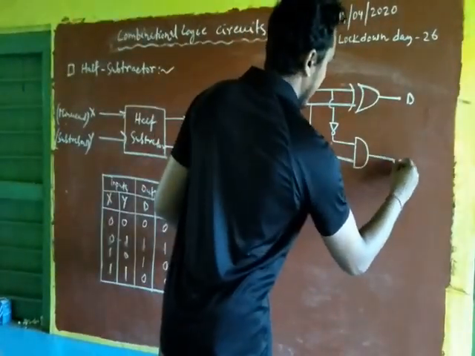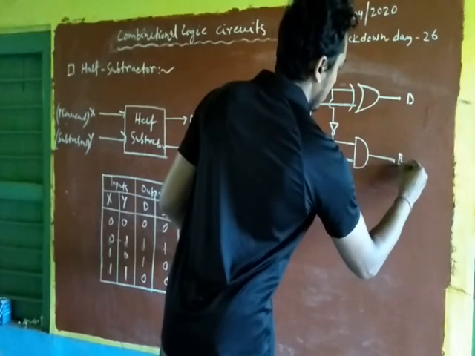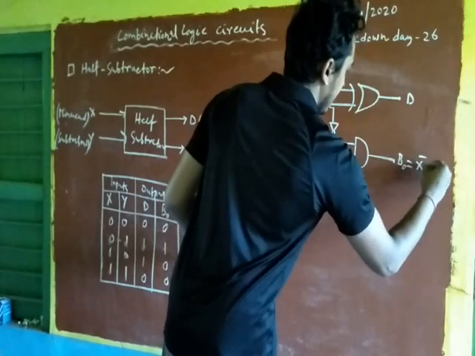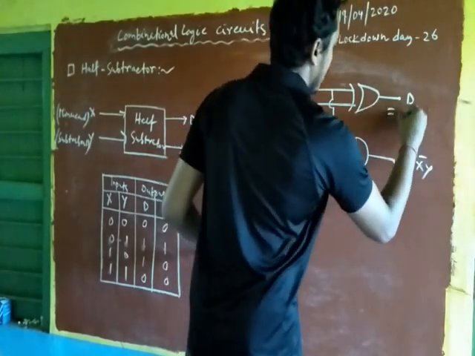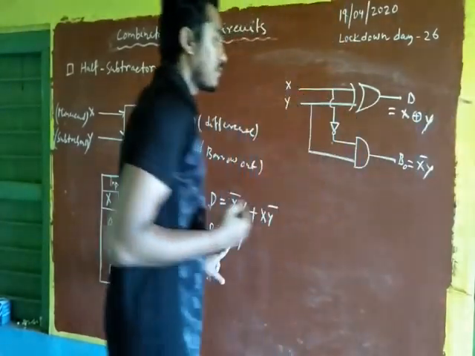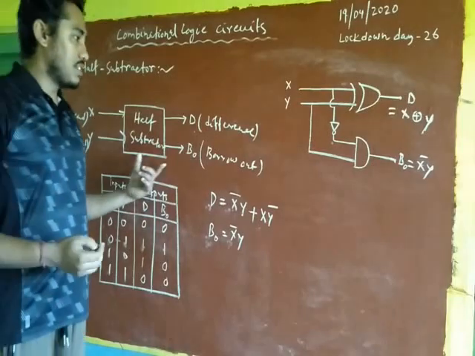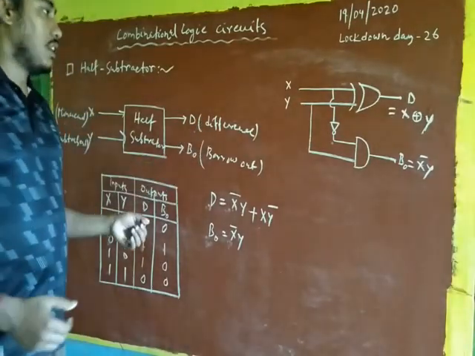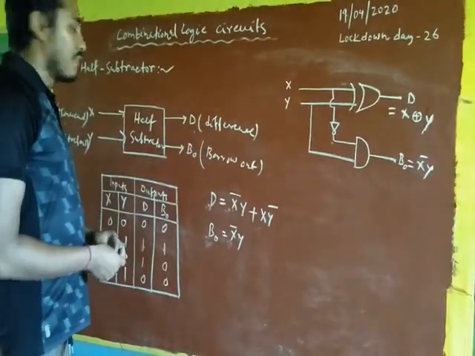So finally we get borrow out equal to x bar y and D equal to x XOR y. This is very simple for designing the half subtractor circuit.